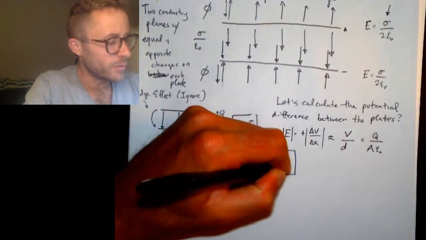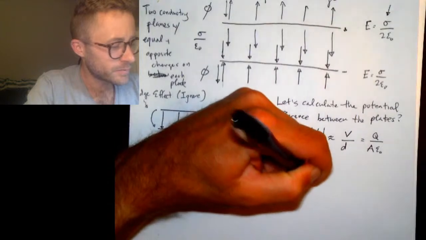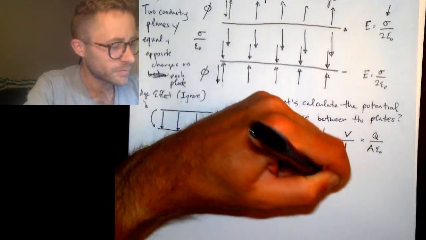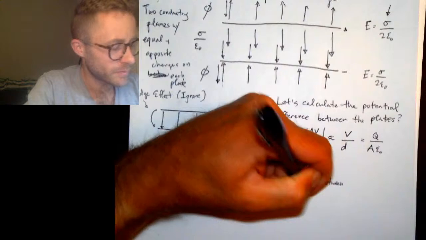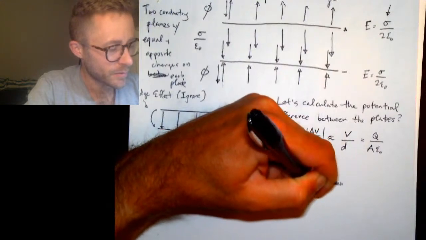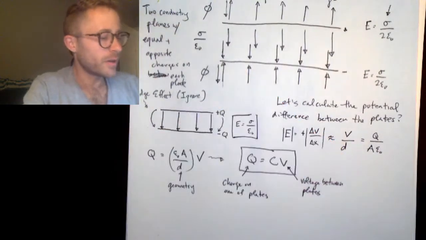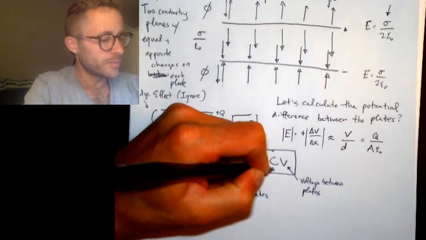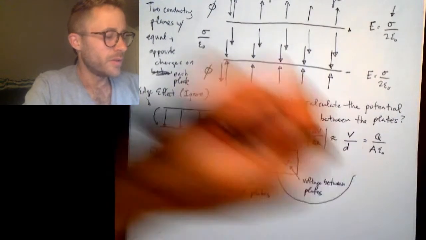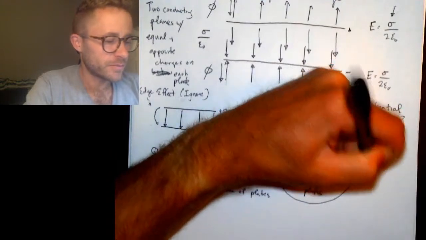V is the voltage between the plates. All right. And C is called the capacitance.